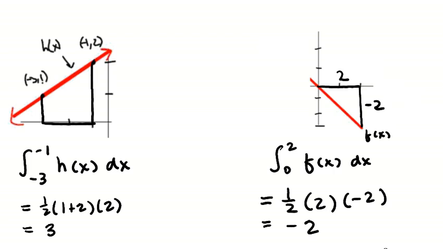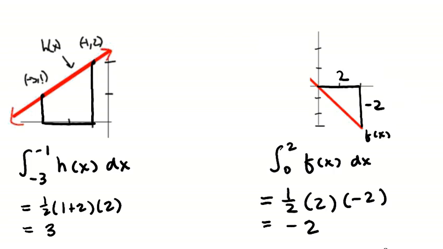Okay, what are we seeing? Did anybody get the wrong answer for the one on the right? Be off by a sign, and that would probably be the natural thing to do. You think area in geometry was always positive. Okay, in this course, the function being below the x-axis, we're going to need to reflect that with negative area for a whole lot of reasons that will become more obvious as we actually use integrals.